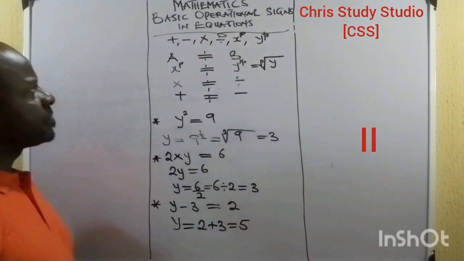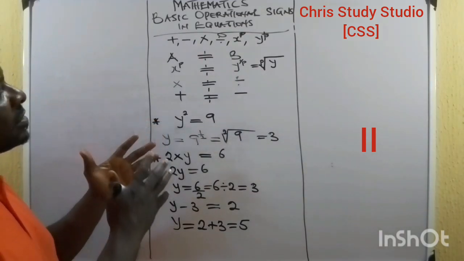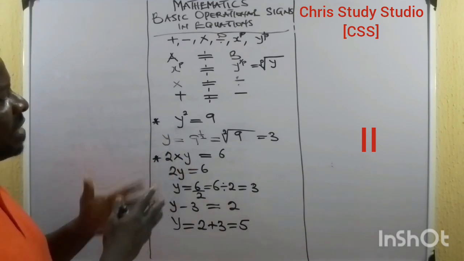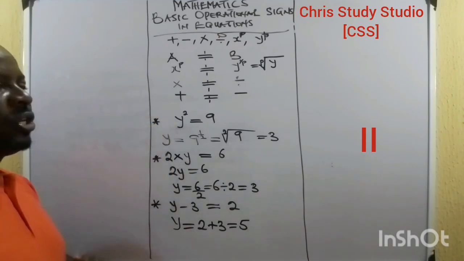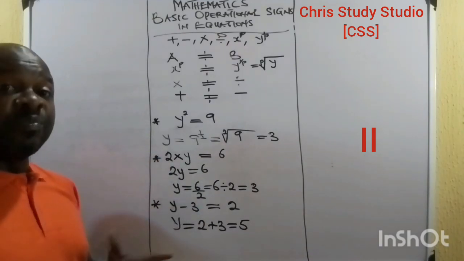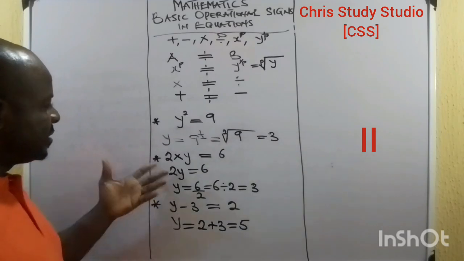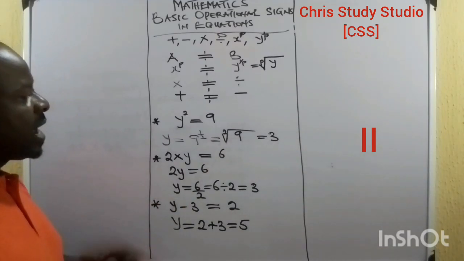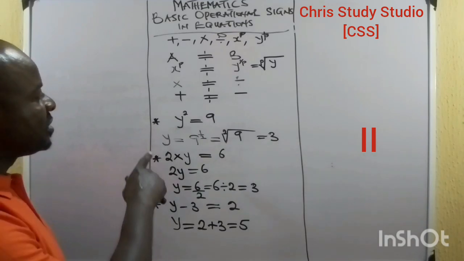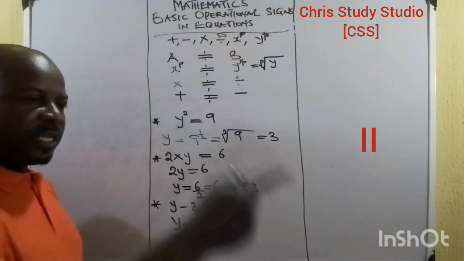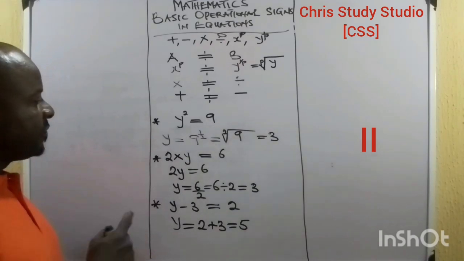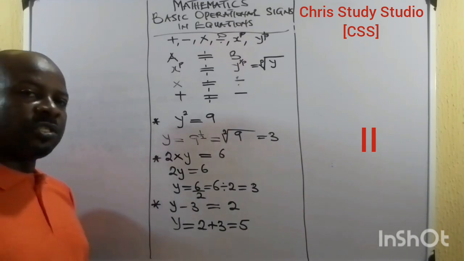So basically, if we look at these basic operations vis-a-vis their relationship when they want to cross an equality sign, that is being in an equation, this is how they are being processed. This is the activity they go through. If one is leaving its operation, it changes to its friend on the other side. If the other is leaving, it equally changes to its friend.